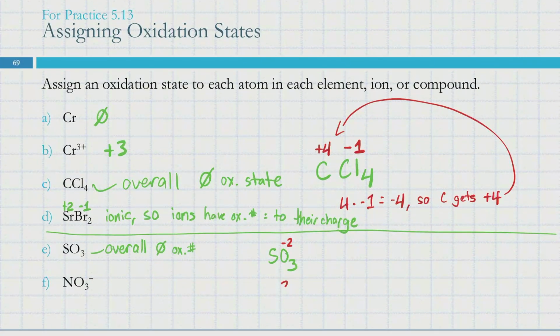We've got 3 of them. So we've got an overall -6 coming from our oxygen for the oxidation state. So sulfur takes the balance. So it's going to be +6.